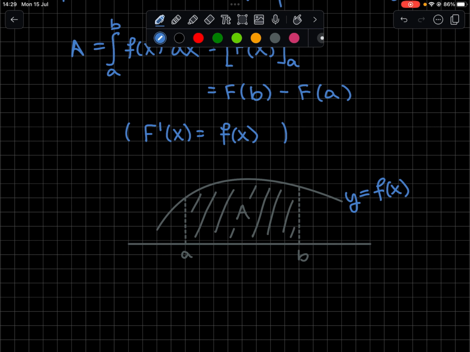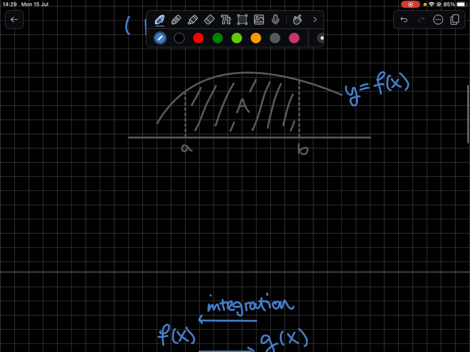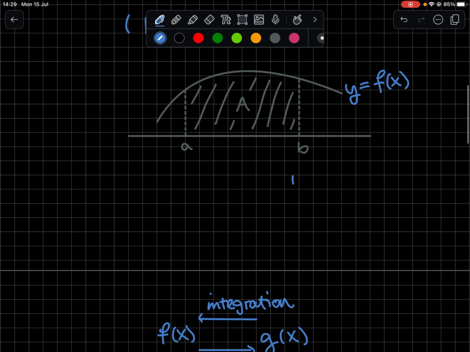Okay, and that's why we use integrals mostly. It's to determine the area under a curve, so that's for definite integrals, between 2 points, A and B, right? That's what we use integrals for. So let's say we had the function x squared, right?